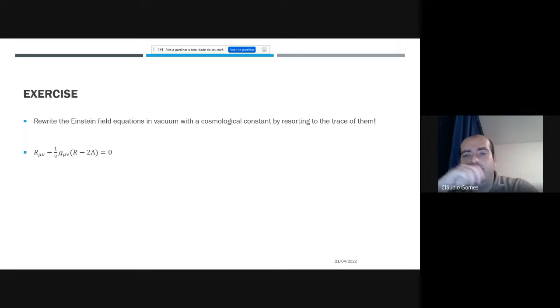It's a kind of specific tensor, R mu nu minus what we will find, right? I won't spoil the exercise.